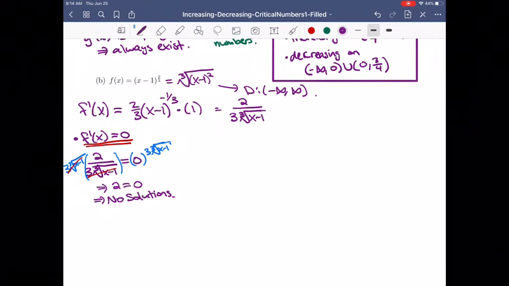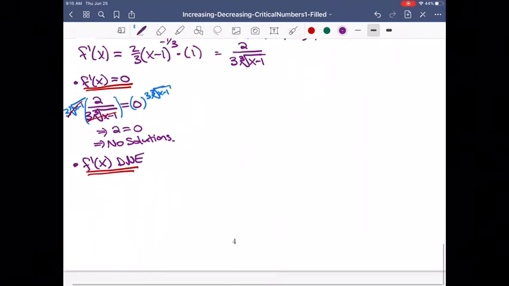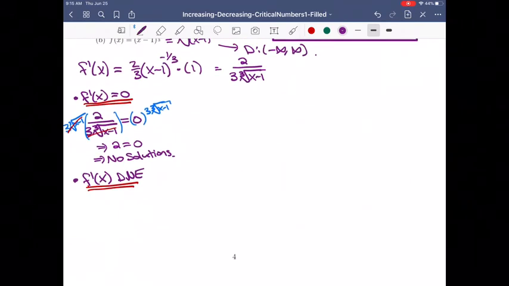But it is useful to remember, if you have a fraction equaling 0, it has to be that the numerator is 0. And you don't want the denominator to be 0 at the same point. Okay, so there's nothing there. So now we want to know, where does the derivative not exist? Because we can also get critical numbers that way. So it's going to not exist when the denominator is 0.